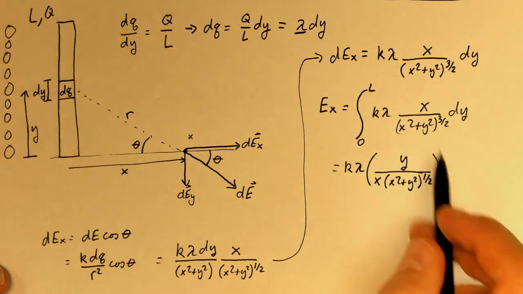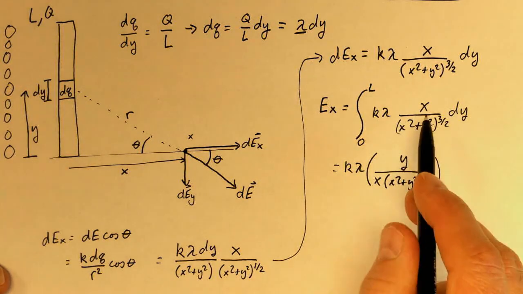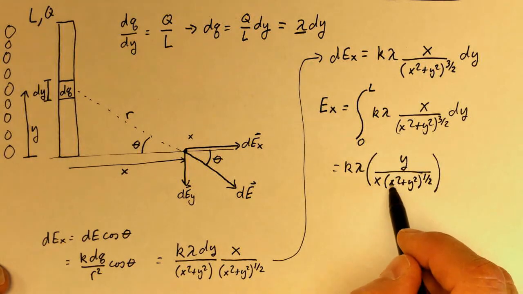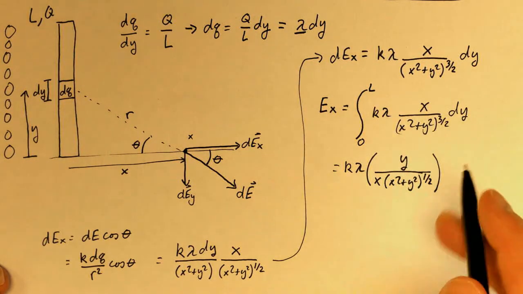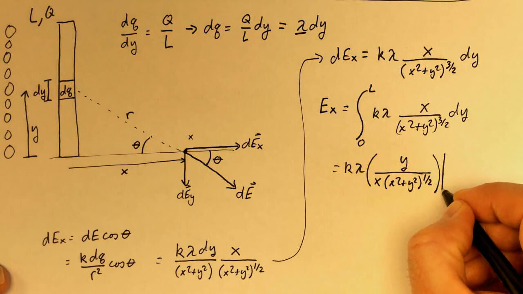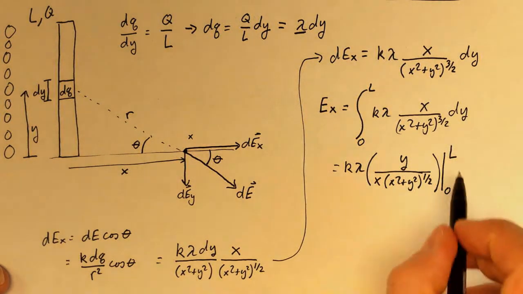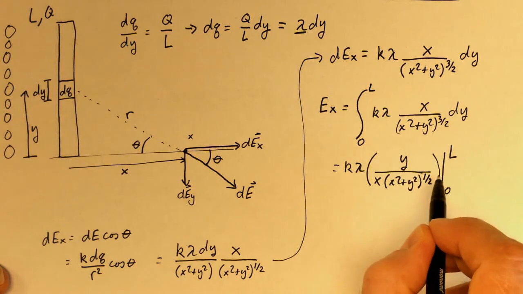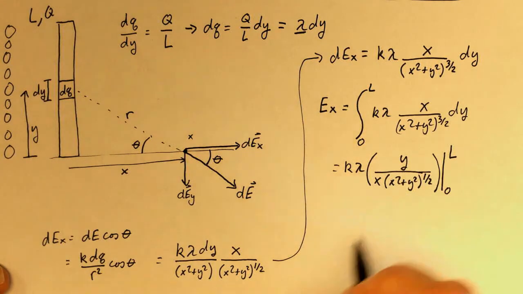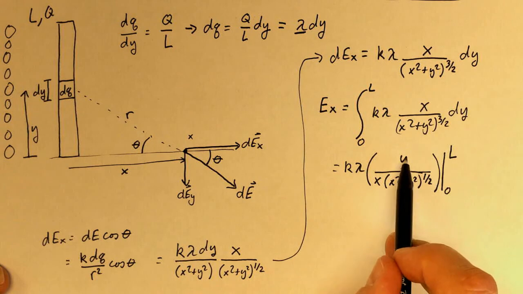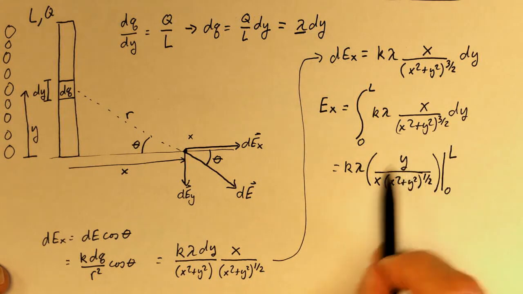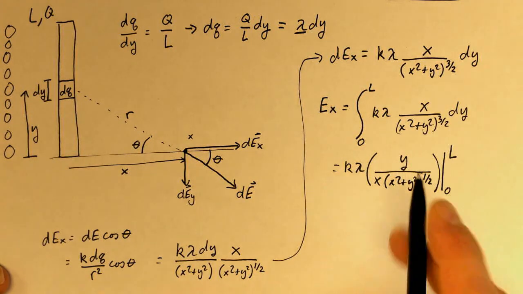And so taking the antiderivative of that, I would get this. So this is the result of the integral of that function. Now I need to evaluate it between its limits from 0 to L, which means I plug L into this, and then subtract the same thing plugging 0 into this. But when I plug 0 in for y, this whole thing goes to 0, so I don't need that second term.